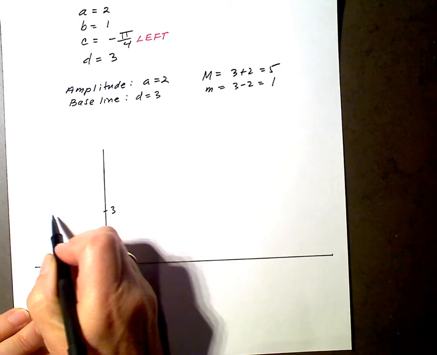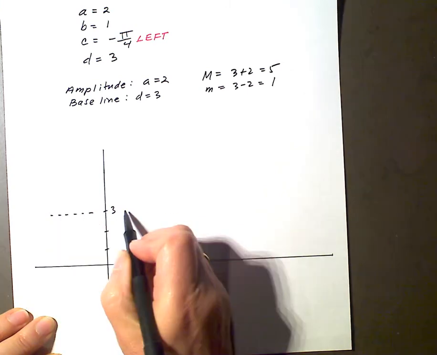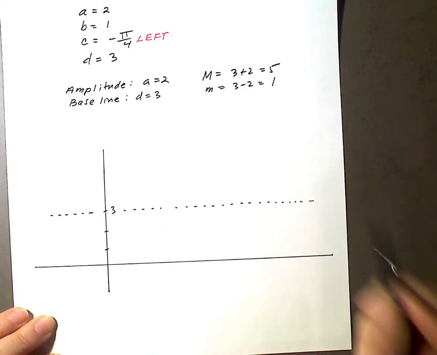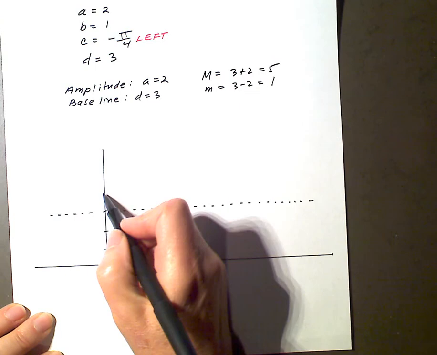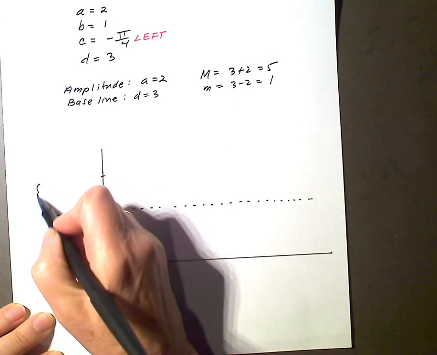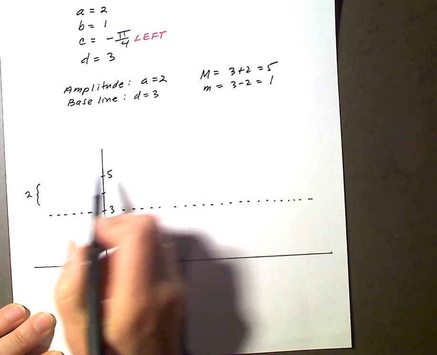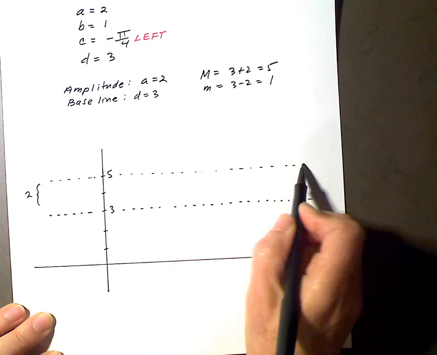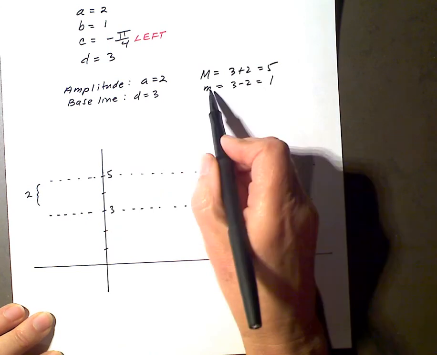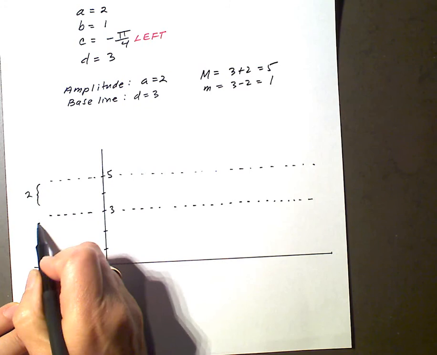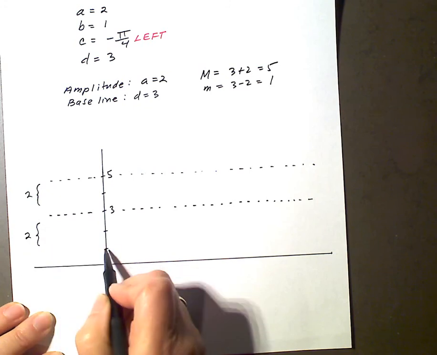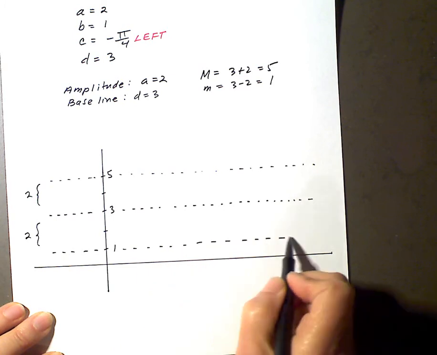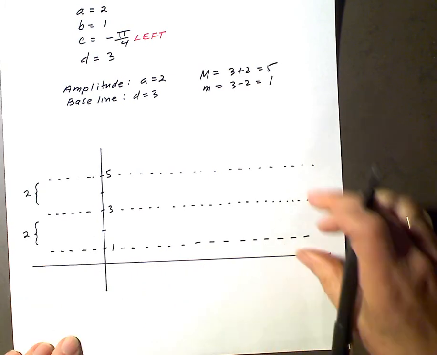So this is like the middle of the graph vertically, and the maximum value will be up here at 5. So it's really just up by 2. So the top of the graph will be there, and the bottom of the graph, the minimum value, will be at positive 1. So that's down by 2 from 3. So everything's going to be vertically in here.